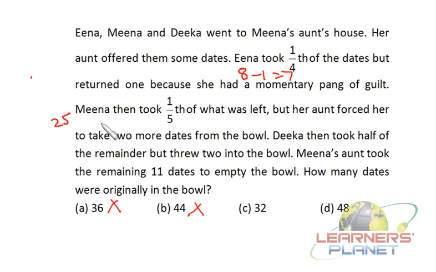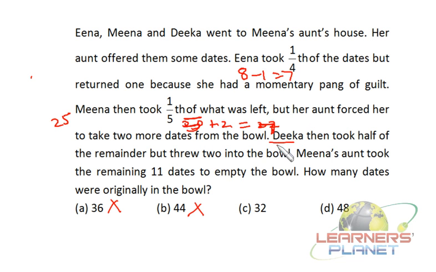I'm sorry, 1/5 of 25 is 5, then plus 2 that her aunt forced her to take, that means 7 she is taking. Now we are left with 25 minus 7, that is 18.